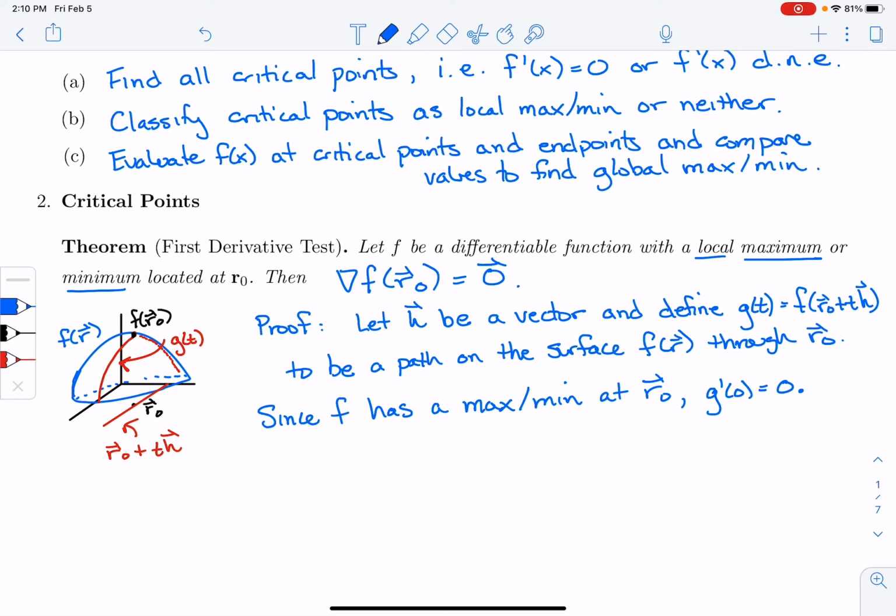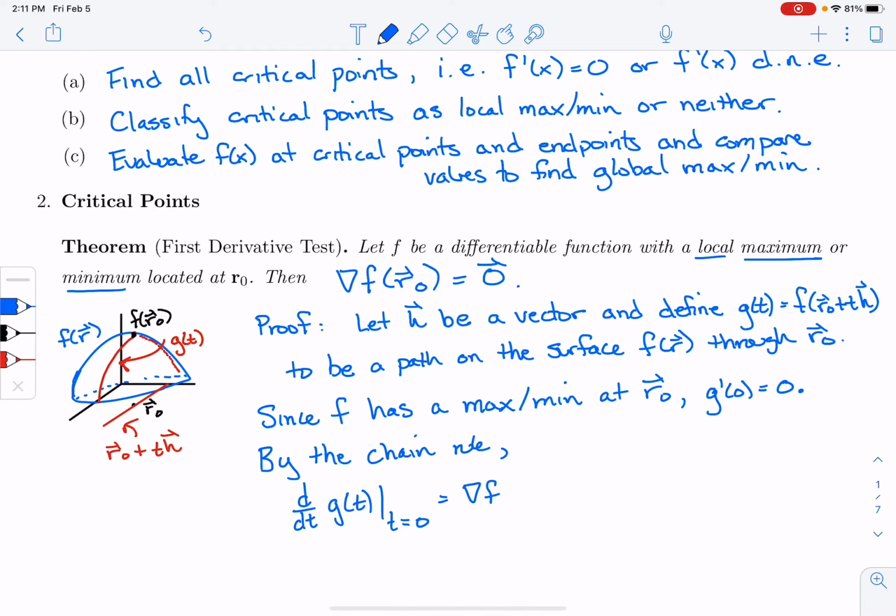Okay, well, now I'm going to apply the chain rule. So by the chain rule, if I take the derivative of g of t at t equals 0, we've already said that that derivative is 0, but the chain rule says that that derivative should be the gradient of f of r0 plus t times h, dotted with the derivative of the inside, r0 plus t times h.